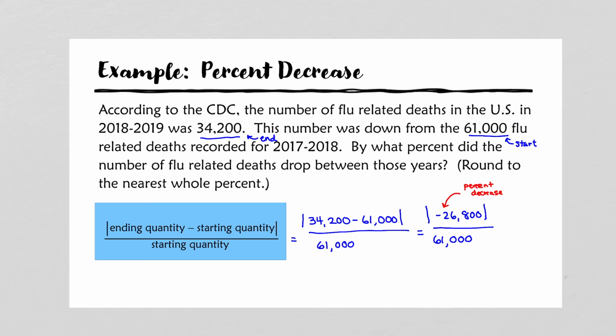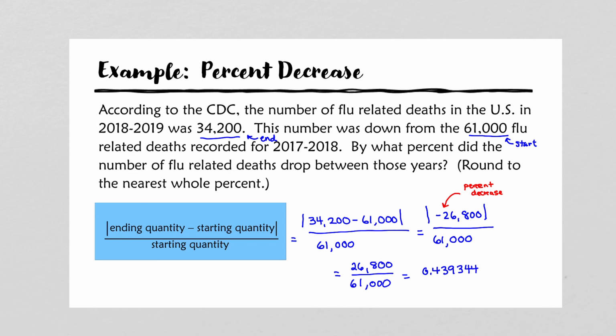Well, let's actually go about calculating what exactly that percent decrease is. We're going to take the absolute value of negative 26,800, and that just gives us 26,800. And then we divide by our original amount, 61,000. Pulling out our calculator and dividing, we get that 26,800 divided by 61,000 is approximately 0.439344, and so on.